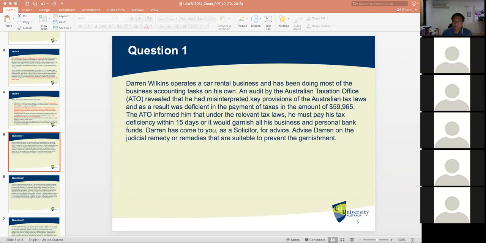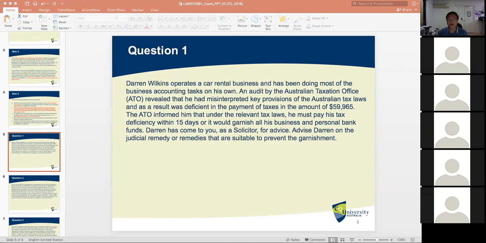The ATO informed him that under the relevant tax laws, he must pay his tax deficiency within 15 days, or it would garnish all his business and personal bank funds. Darren has come to you as a solicitor for advice. Advise Darren on the judicial remedy or remedies that are suitable to prevent the garnishment.